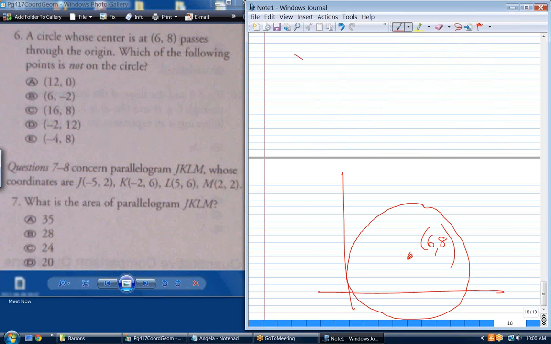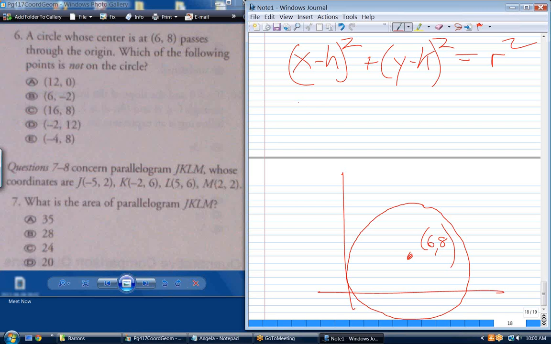the equation of a circle is, I'm not convinced yet that you need this, but just to let you know, where h and k are the center of the circle, and r is its radius.